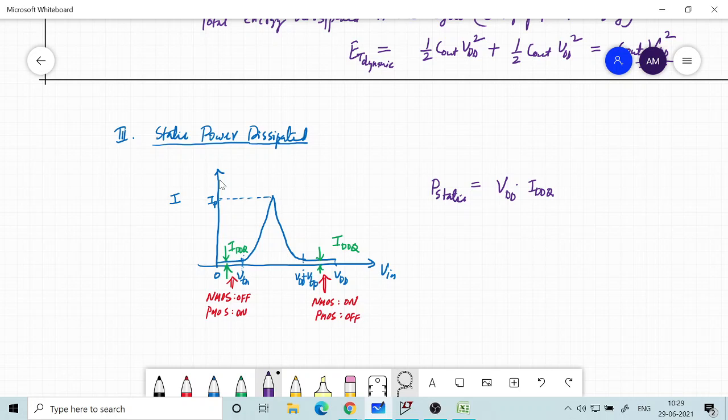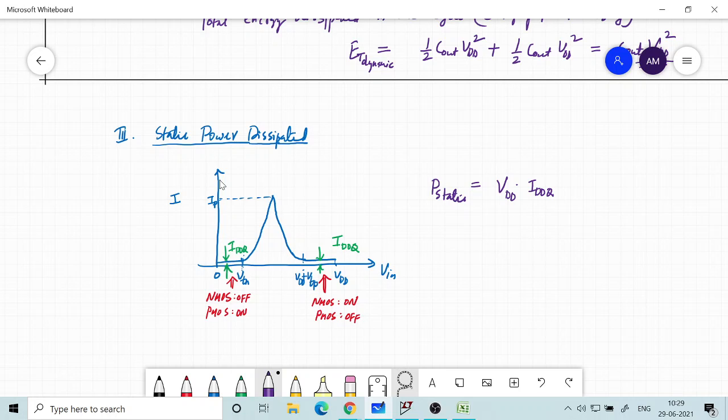But this becomes significant if, for example, you switched on your mobile phone but you are not doing anything, not running any application, so it's just staying on. The transistors inside your mobile phone chip will be either in low state or high state.